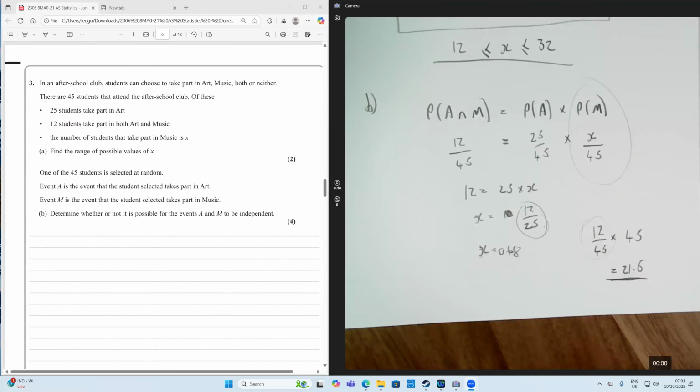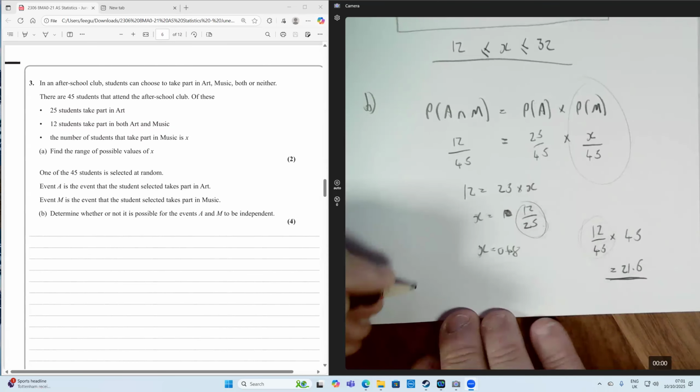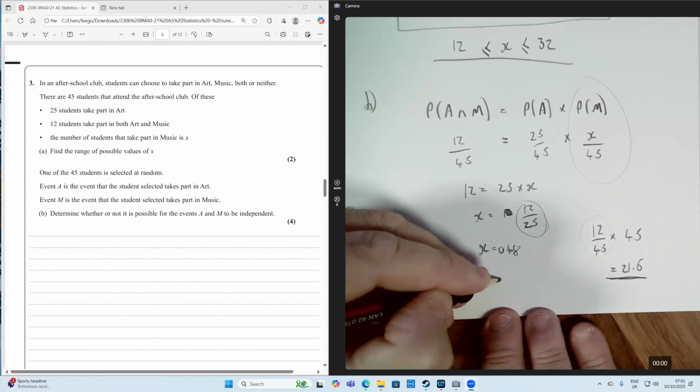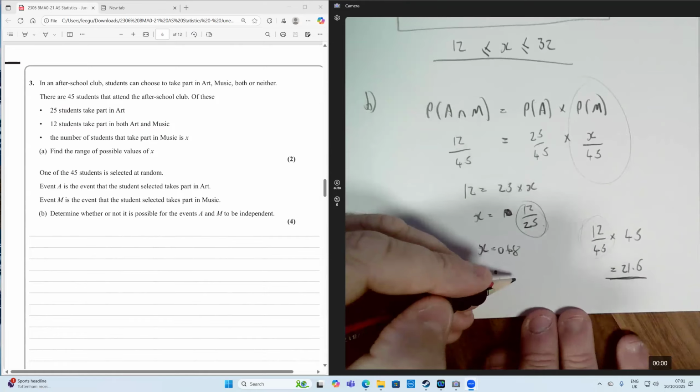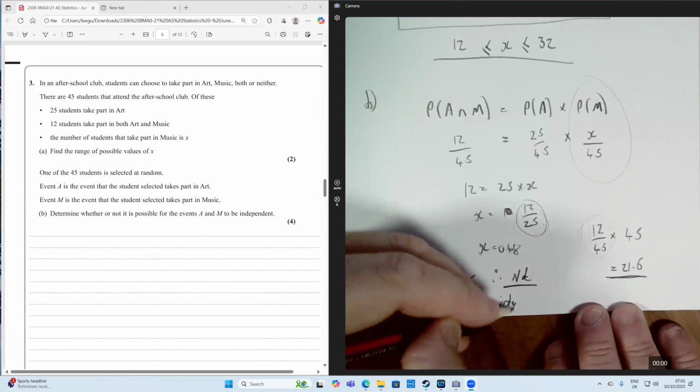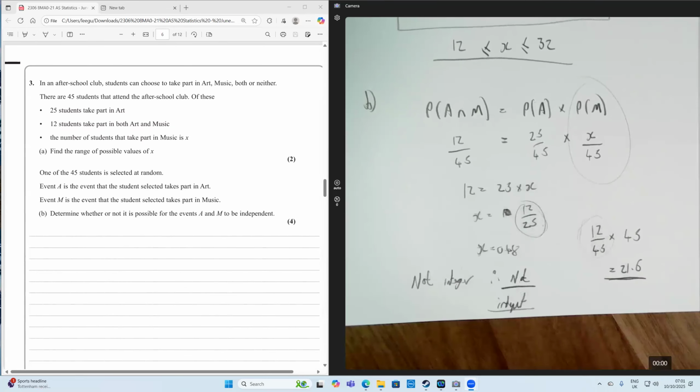Because this is not an integer, we can say that it's not possible for them to be independent. So they're not independent, because this would need to be an integer value.